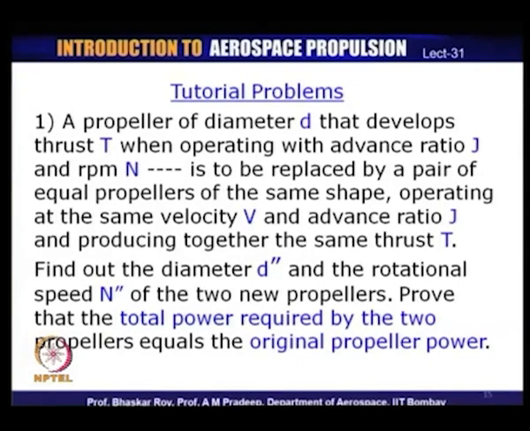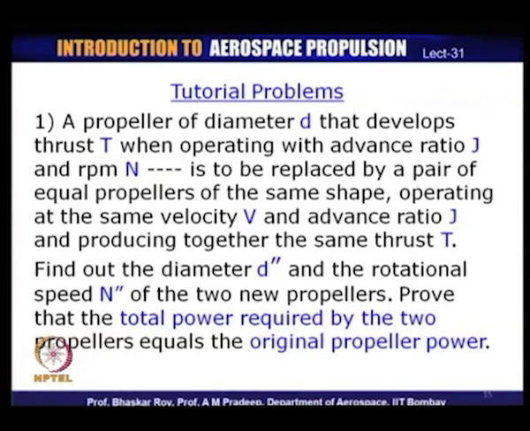That means, an aircraft which was being earlier propelled by a single propeller is now being to be propelled by two smaller propellers, which have the same shape, so that they produce the same amount of thrust.